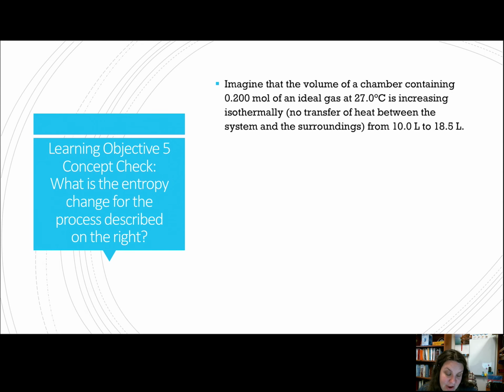Okay, so let's try that using that equation. We've got a chamber containing 0.2 moles of an ideal gas at 27 degrees Celsius. It increases isothermally from 10 liters to 18.5 liters, and it has to be isothermal. We want to know what our entropy change is. So delta S of our system equals nR ln V2 over V1. Anytime we talk about expansion of gas, we're talking about this equation.